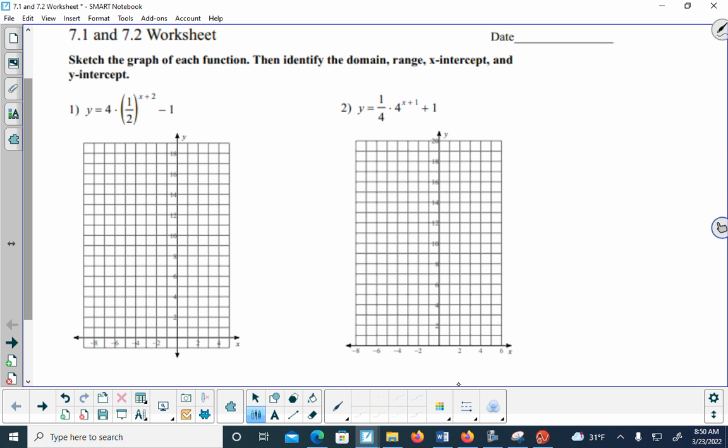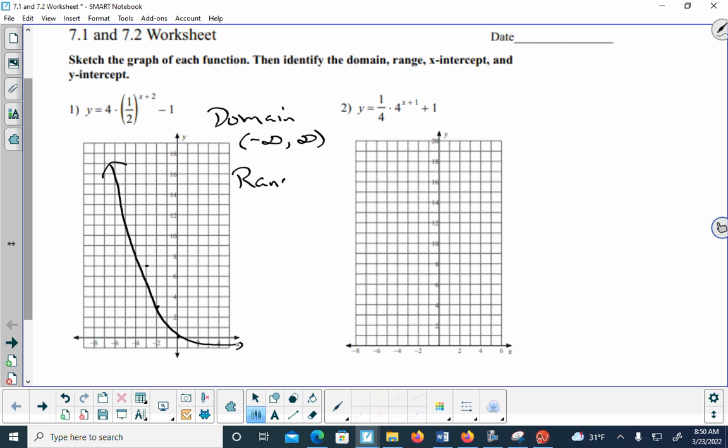So here I'm going to plot those points. My domain is my x values, and my domain is going to be all the numbers.